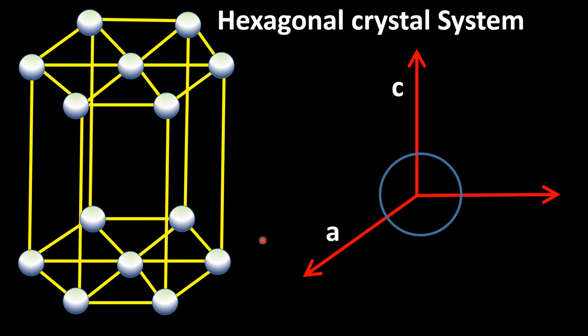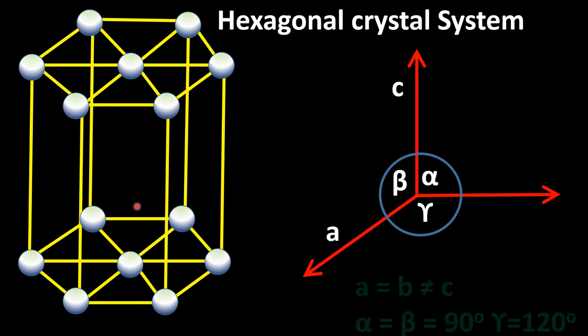So here you can see that if we take this point as our origin, this one is the side a, this one is the side c, that is the smaller side, and this one is the larger side. This is the angle alpha, beta, and this one is angle gamma.